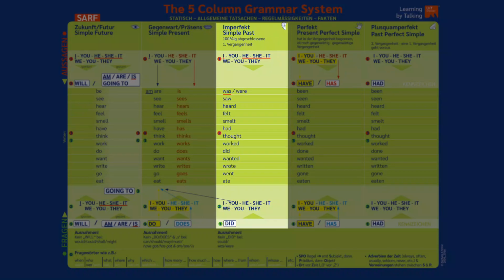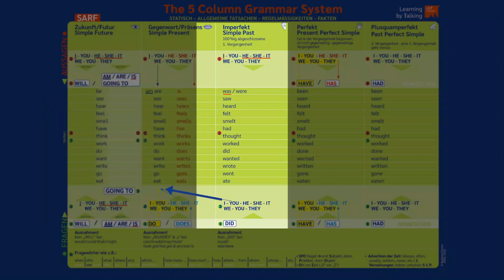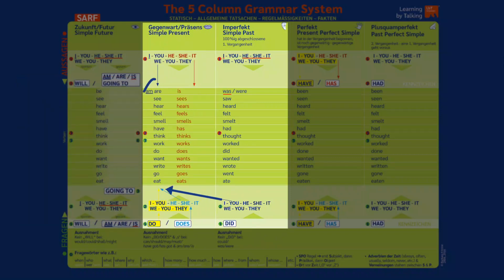Looking at the third column, simple past, if I want to create a question, I start with "did", then my person or pronoun, and here you need to pay attention to the colored arrows again. "Did" is already in the past tense, so any verb that follows does not change. Follow that little blue arrow and remember to keep the next verb unchanged.